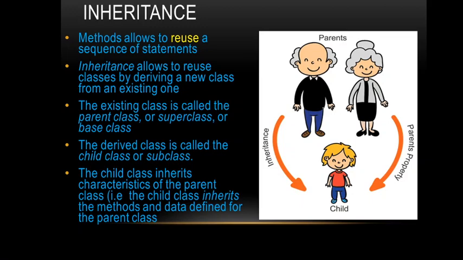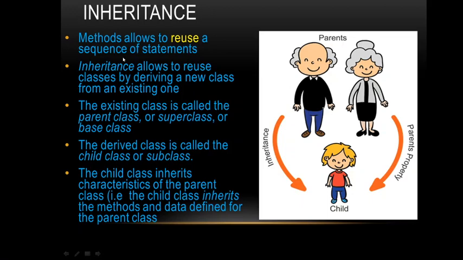Inheritance is nothing but, when a child is born, it gets some property by default from his or her parent. So that property is nothing but the inheritance. A similar thing is there in computer science. In object-oriented programming also we have inheritance.